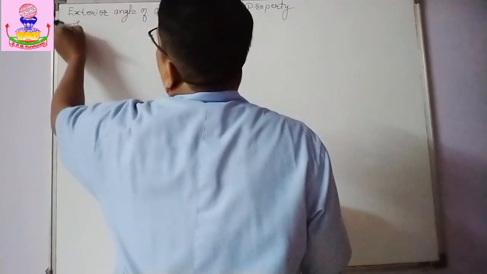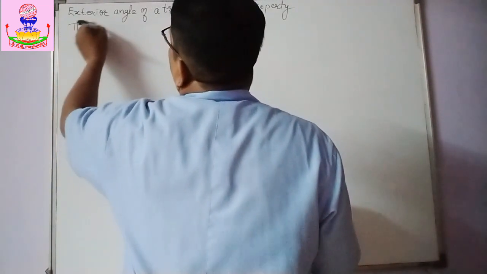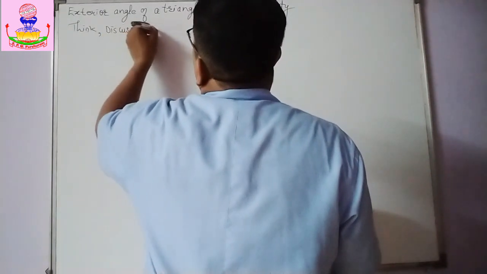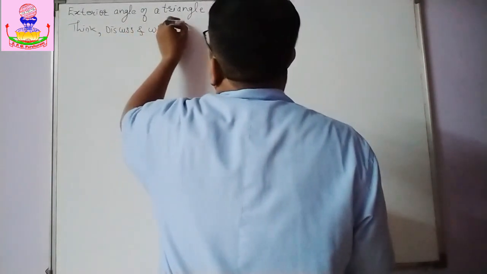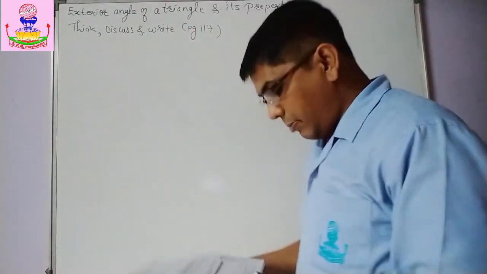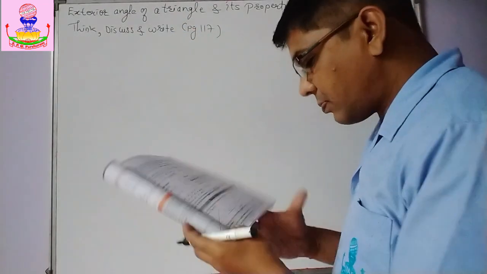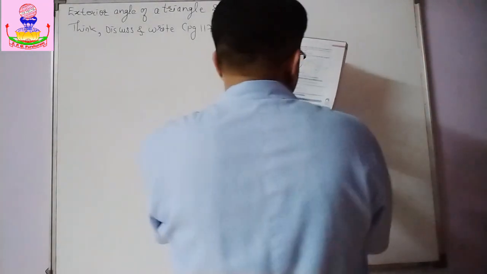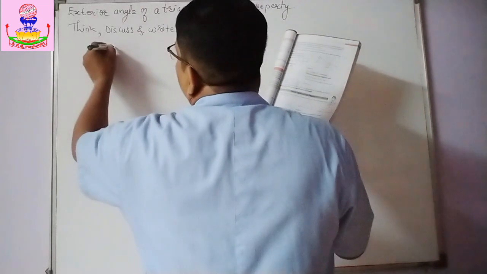Think, discuss and write. Page number 117. Okay, so 3 of them they have given. So we will try to write 3 more.